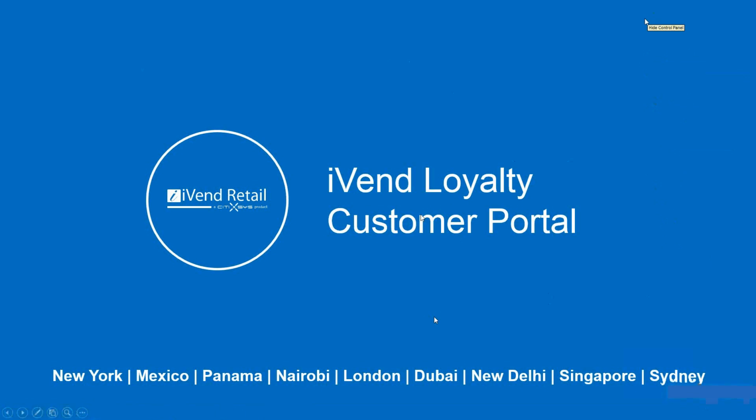Now, moving on. Just a quick introduction to the loyalty customer portal, and a brief explanation as to what it is. This is designed for iVend customers who are using loyalty. It works with loyalty. You need to have loyalty installed, and it works using the iVend loyalty APIs. That needs to be in place.